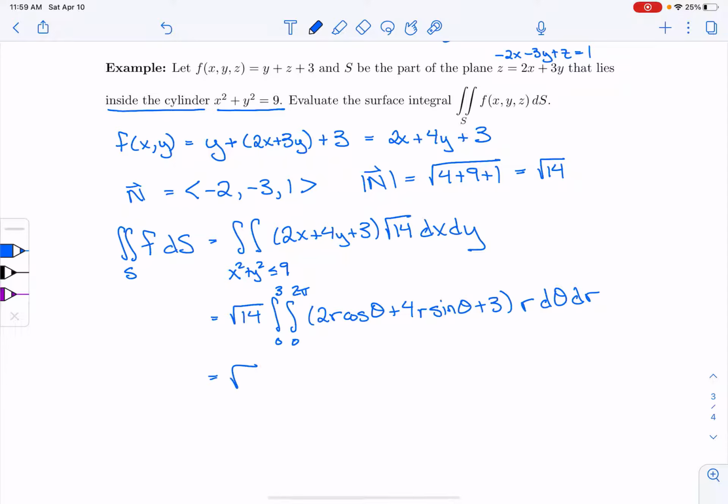So this is the square root of 14 times the integral from 0 to 3. And then I'm going to integrate with respect to theta.